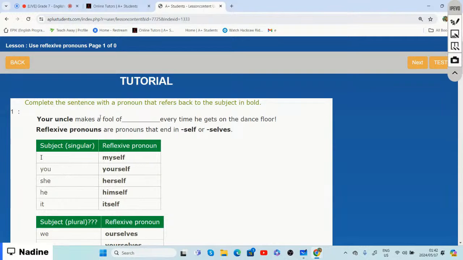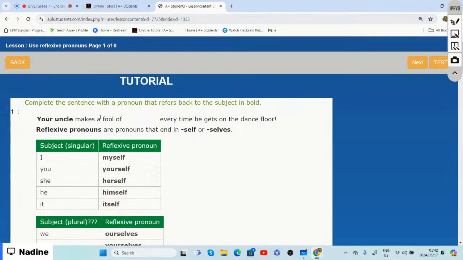All right. So we can say that our reflexive pronoun needs to agree with either our singular subject or our plural subject. And if we look at the sentence, it says complete the sentence with the pronoun that refers back to the subject in bold. So your uncle makes a fool of every time he gets on the dance floor.